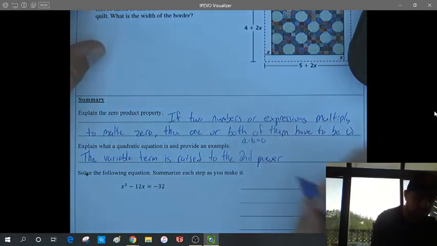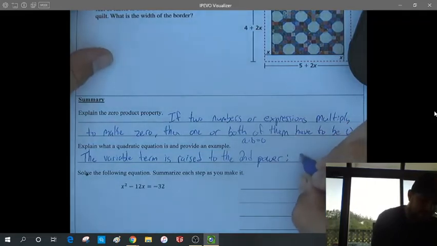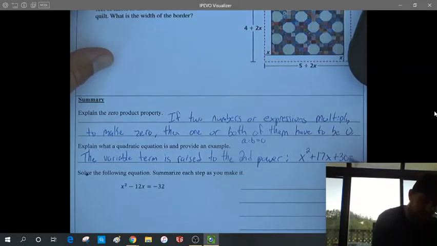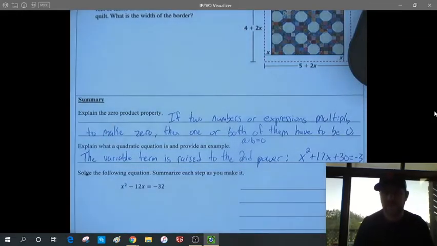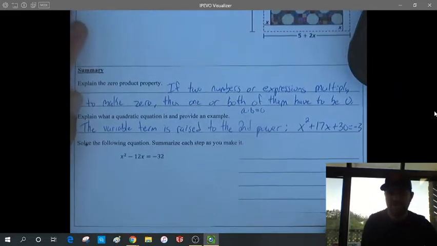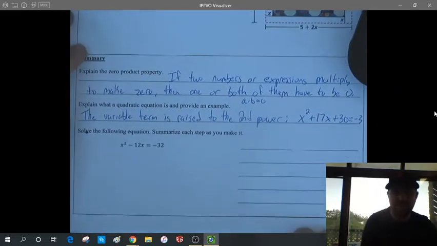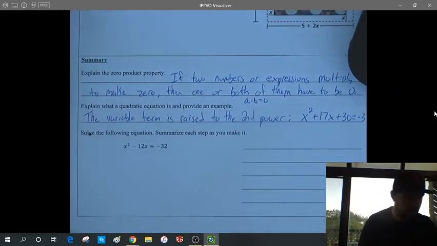In the equation, an example of that, we could have something like x squared plus 17x plus 30 is equal to, and you don't have to put 0 here, you could do any kind of number. You could have 15, 17, negative 3 even, or you could have even a y over there, and that would still be considered a quadratic equation.